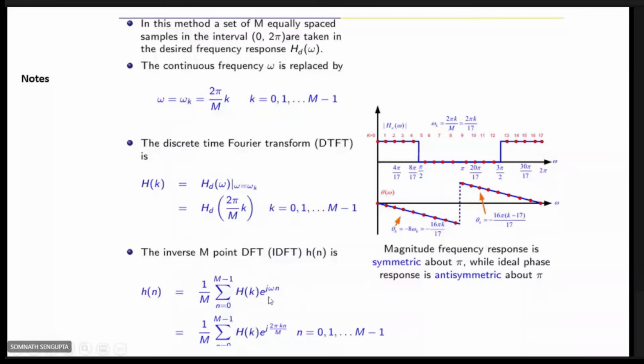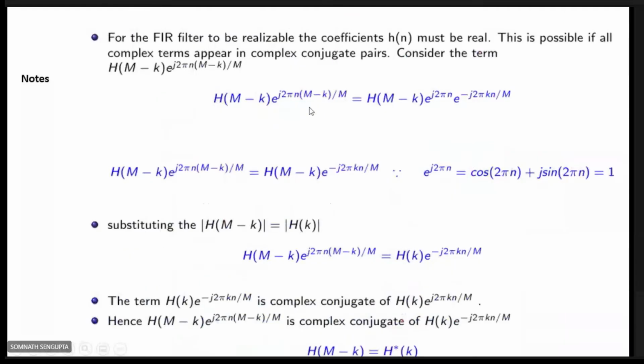You can consider that this is coming from one particular term for k, hk into e to the power j omega n. Here, in place of k, there should be some variable m minus 1 or m minus 2, whatever it is. So that value is multiplied with e to the power j 2 pi n m minus k by m.